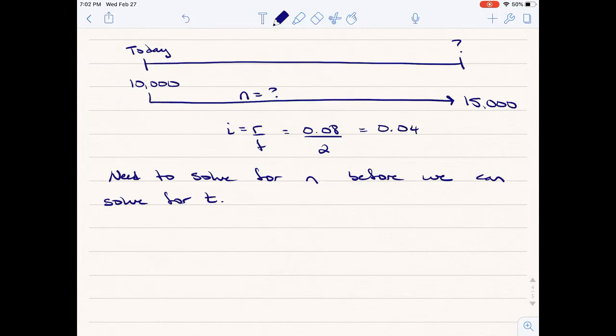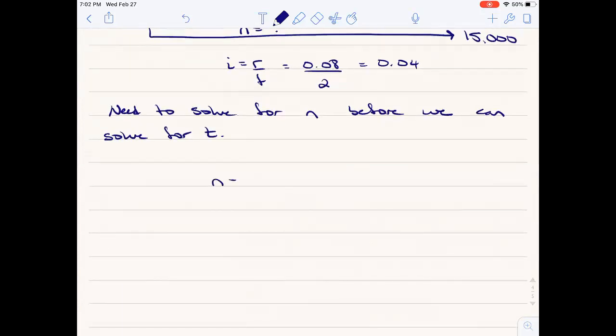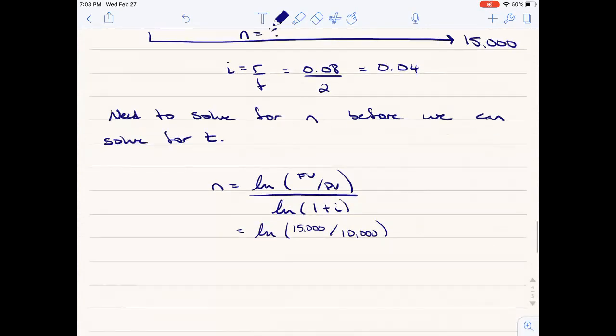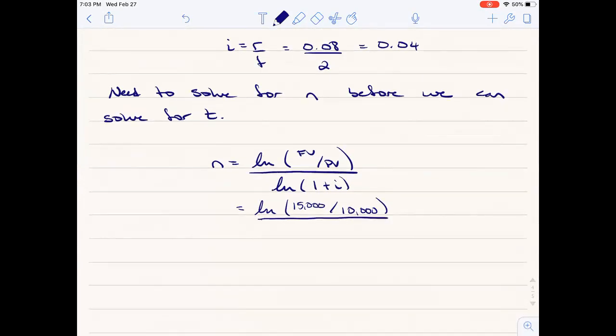We'll just use the formula on your formula sheet. So we've got n is the log of the future value divided by the present value, divided by the log of 1 plus i. So we already determined what each of these were. So we're going to have the log of 15,000 divided by 10,000, over the log of 1 plus 0.04.